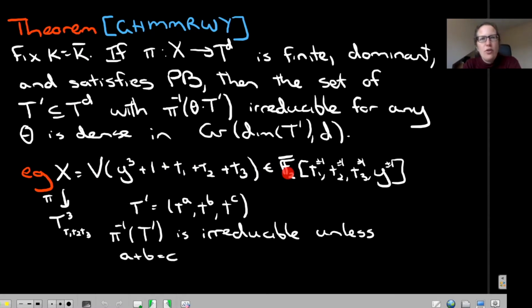And just to give you a concrete example, if I take X being this hypersurface in 4 space, my variables are going to be y, t1, t2, t3. So I take the hypersurface y cubed plus 1 plus t1 plus t2 plus t3 in characteristic 2, and I project onto the t1, t2, t3 coordinates.